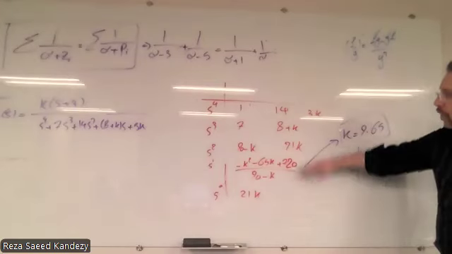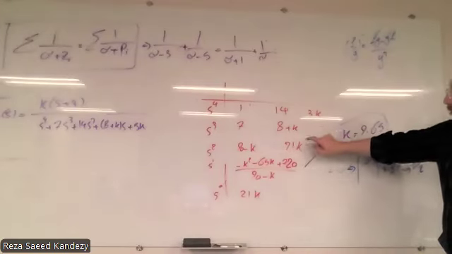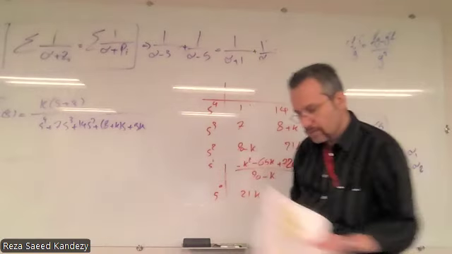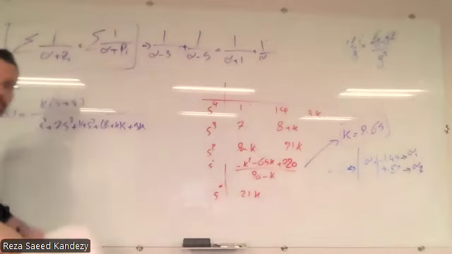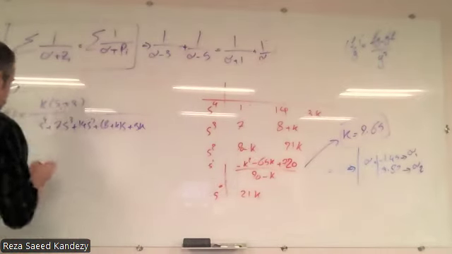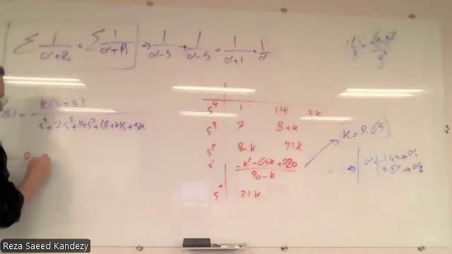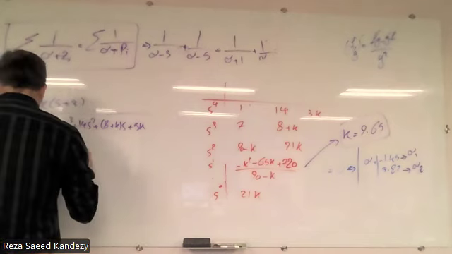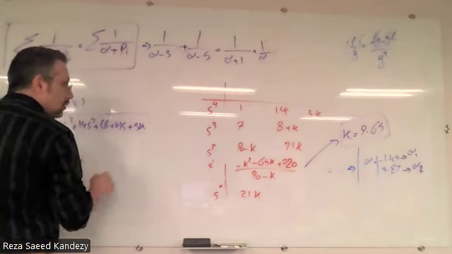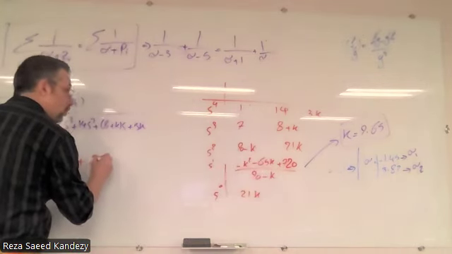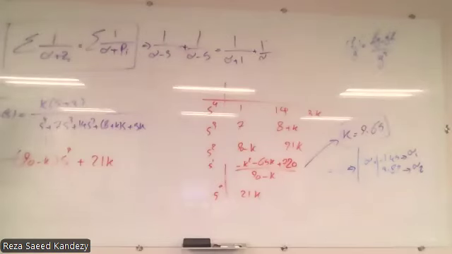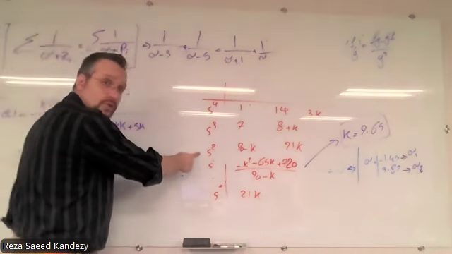We move one line up. This is S1. We move to the S2, and we create the function described by this row. Remember, that function would be (90 minus k) times s squared plus 21k. You remember how we did that? This is S squared.